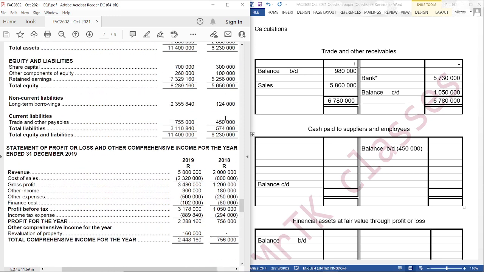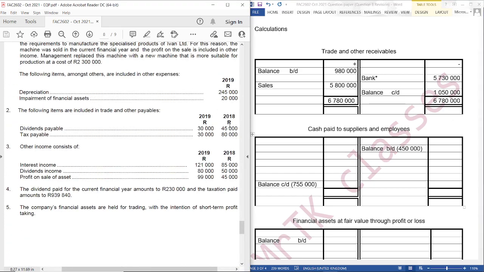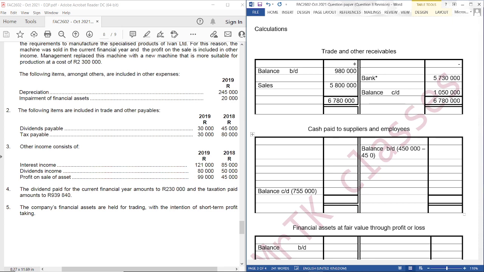Okay, 450,000. Then at the end, 755,000. Okay, let's scroll down. So we are going to say we need to subtract this 45,000, right?